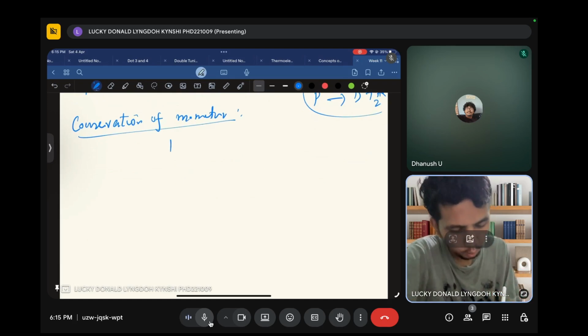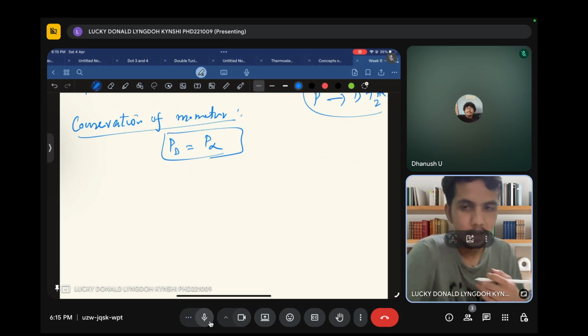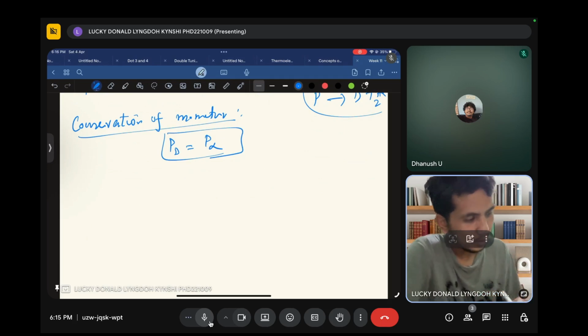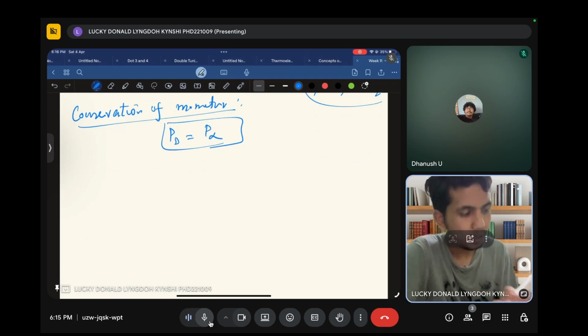The magnitude of the momentum of your daughter nucleus will be the magnitude of your alpha particle. Conservation of momentum, because why? Because your parent nucleus is at rest, so you have momentum equal to 0. Then the conservation of momentum says that your daughter nucleus momentum should be equal to your alpha particle.